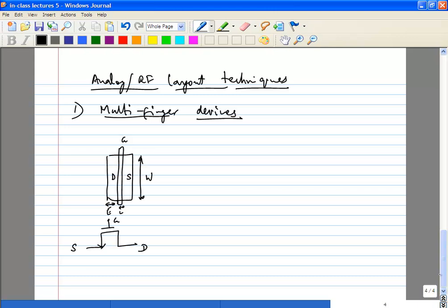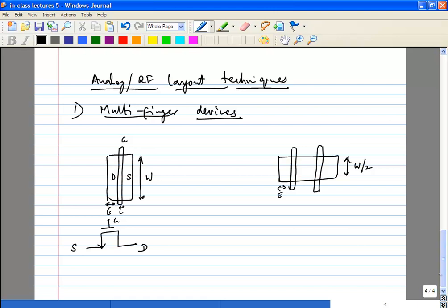It's going to be your gate, and you can also draw this transistor like this, where let's say we go to a 2-finger transistor. This is W over 2. This is again E, so that E does not change.